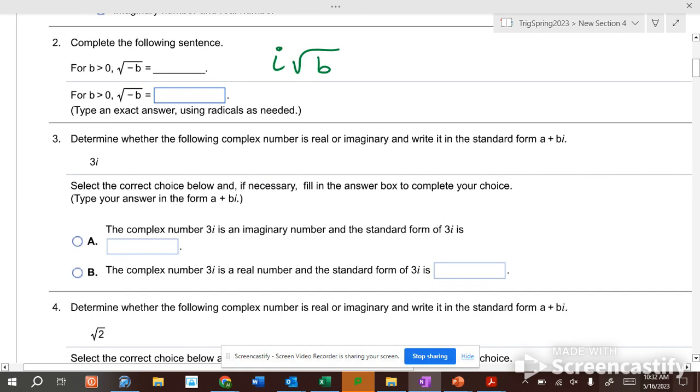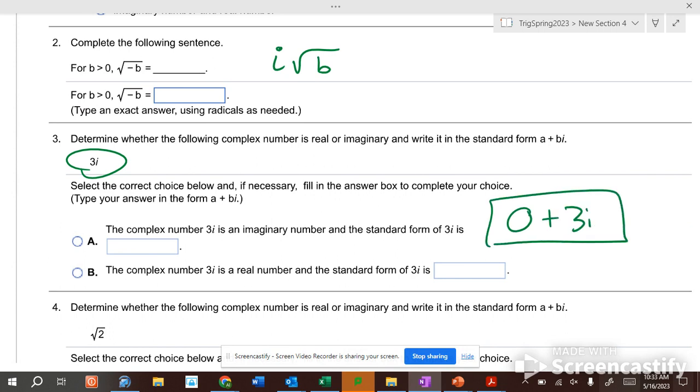All right. So 3i, how do we write that as a complex number? Well, a complex number has a real part and an imaginary part. What part do you think this is? The imaginary part. So the real part is 0. So it's 0 plus 3i. That's it written as a complex number.